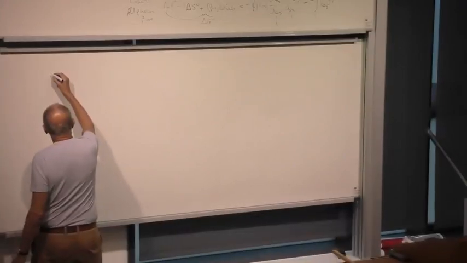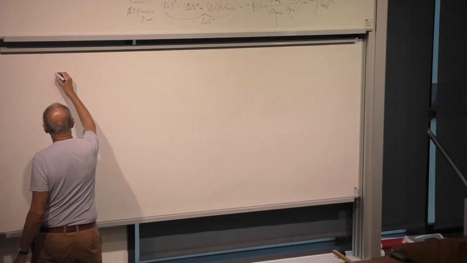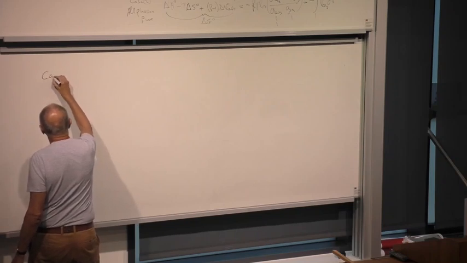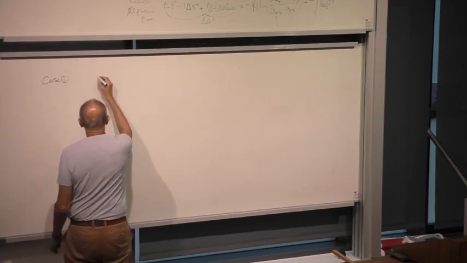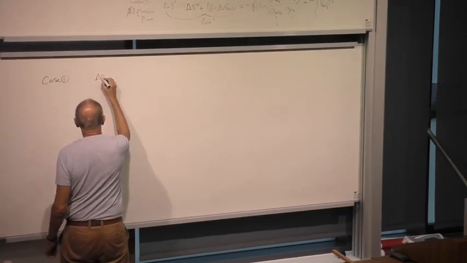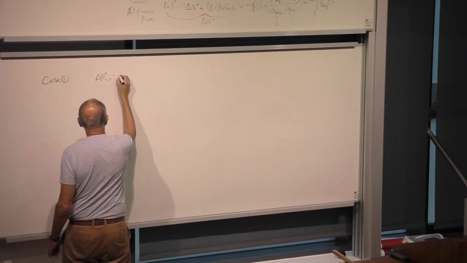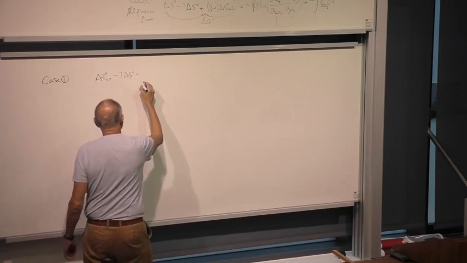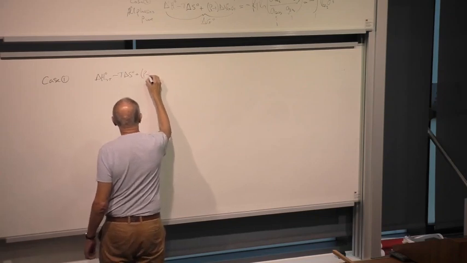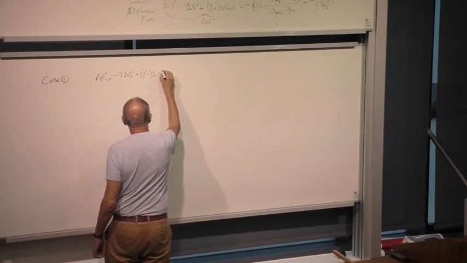So for our standard states as a pure phase, case 1, we have delta H0 at 1 bar and T minus T delta S0 plus P minus 1 into delta V0 solids.